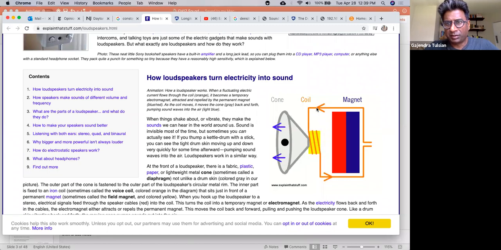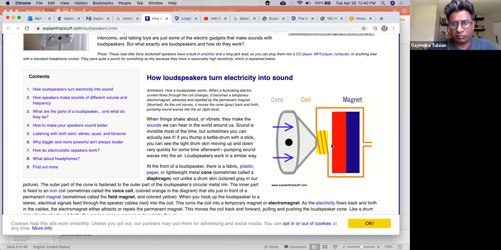Depending on the direction of the current, this can be a north pole or a south pole. When the current is in one direction, this is attracted to the magnet, and when the current is in the other direction, it's repelled by the magnet. So by passing a current through this coil, you can make it move back and forth via the magnetic forces.